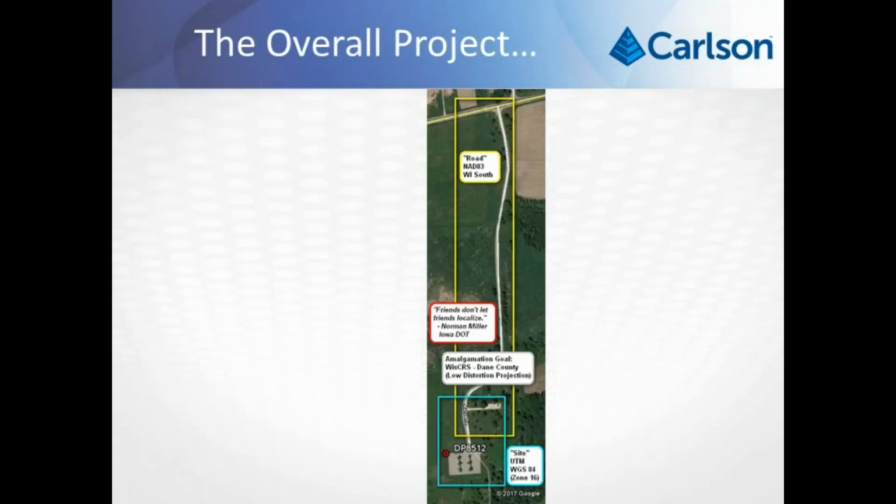And in Wisconsin, for example, they use county-based coordinate systems. And as a lot of the states moved into regional-based or LDPs, or low distortion projection systems, we can take the raw data from the field and then morph that data together and make it usable into one specific coordinate system.